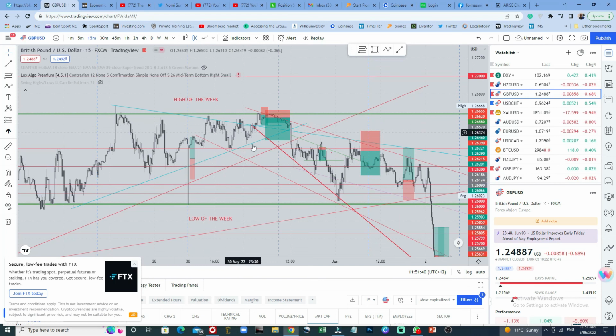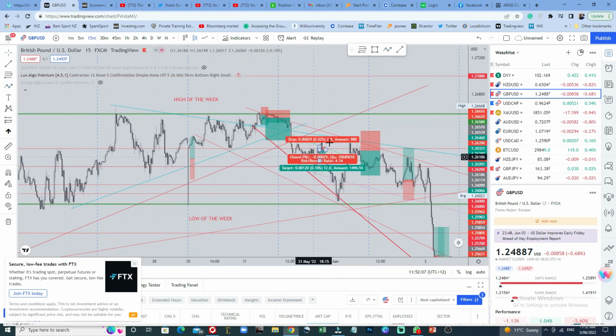And you can see that I waited. I'm looking for, the market came from here, hit here, touched here. I entered a sell. See, I entered here, and I was able to ride this thing through.